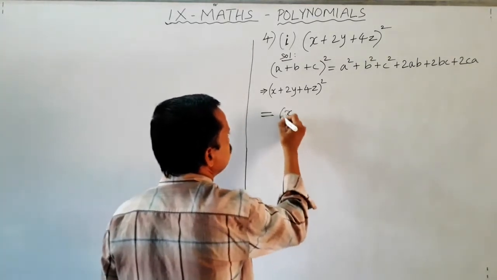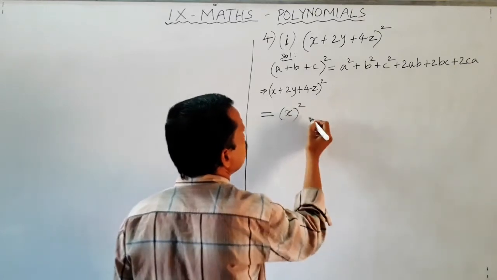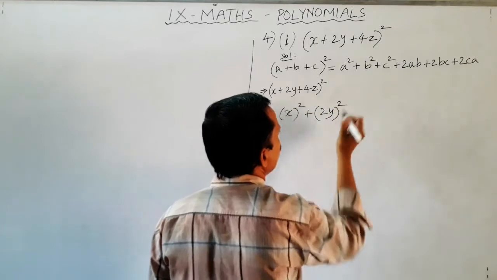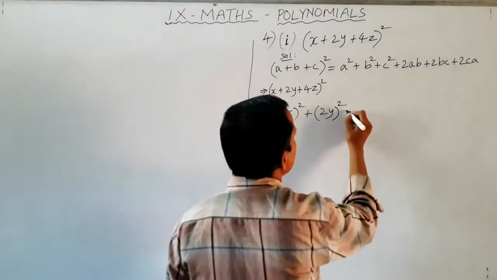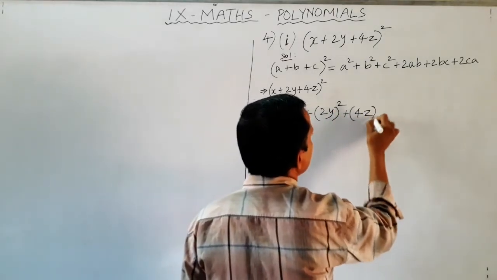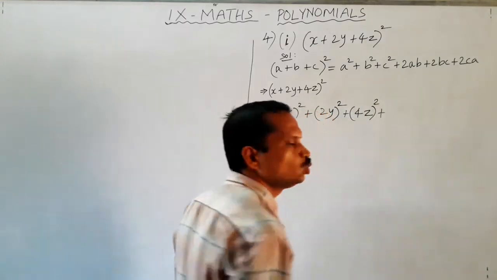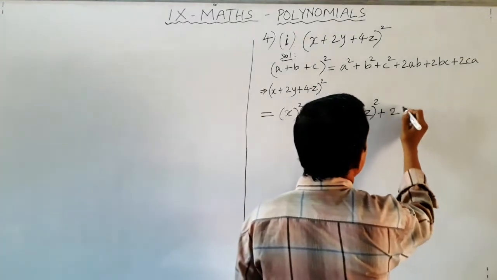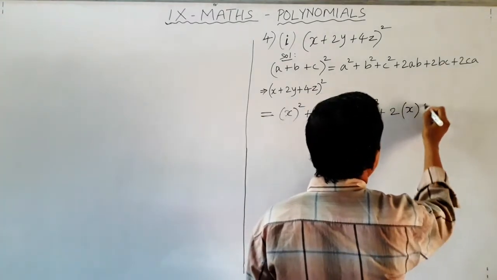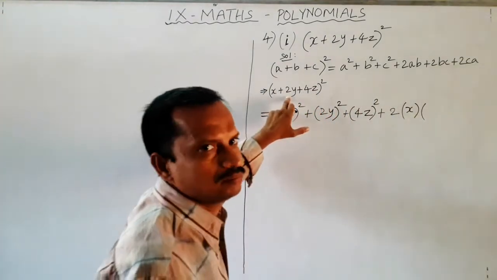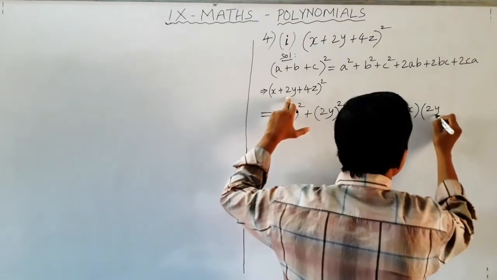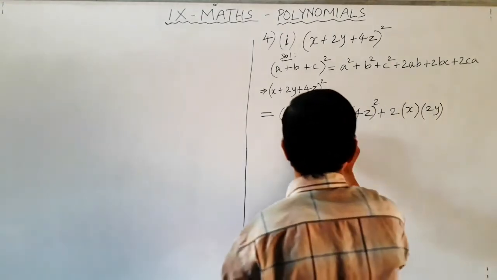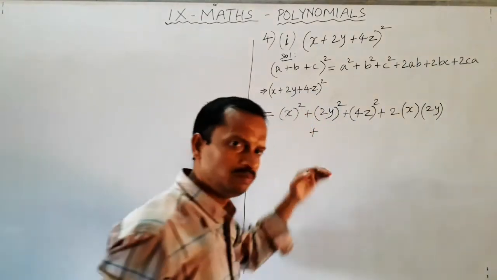So x square, and for b, 2y, so (2y) whole square, and for c it is 4z, so (4z) whole square plus 2ab. What? 2ab. So 2 into what is a, x, and what is b, 2y, and then plus 2bc. So plus, you just come to the below line.